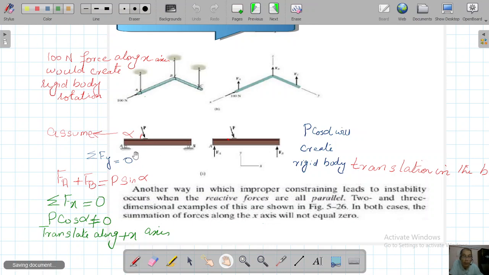There are two rollers placed over here, and this force P. We can assume that it is making an angle of alpha.